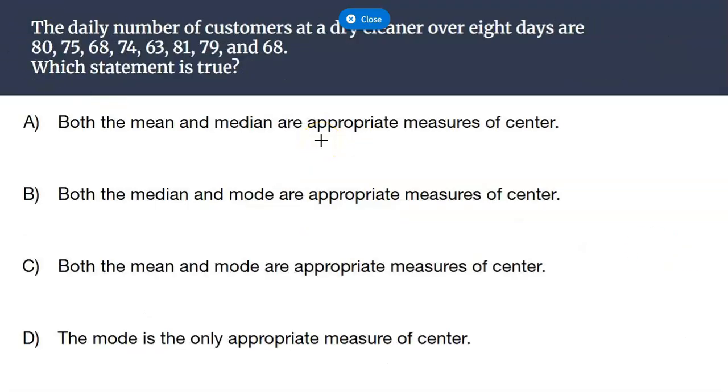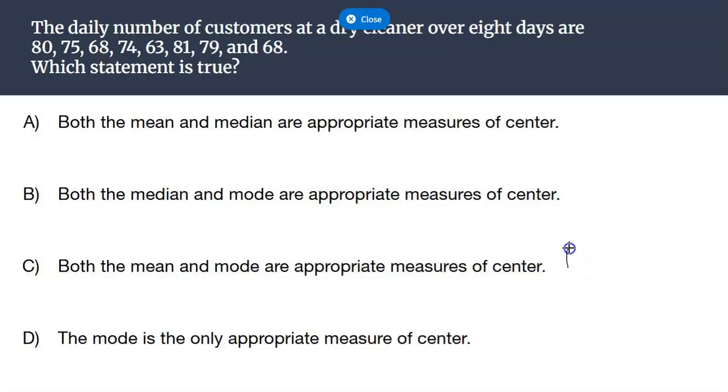On the next problem, we're trying to determine which measures of center are the most appropriate given these statements. We're going to pick one statement that seems to be the truest. It says the daily number of customers at a dry cleaner over 8 days are 80, 75, 68, 74, 63, 81, 79, and 68. Which statements are true? All these are talking about mean, median, mode, so we'll take the time to compute each one.